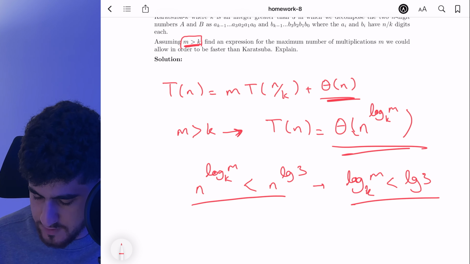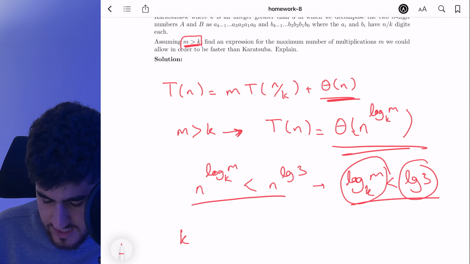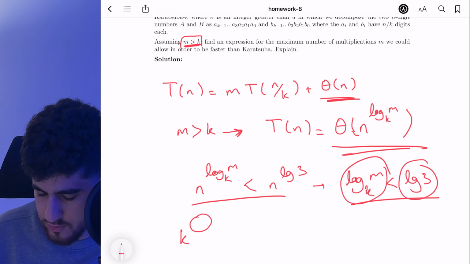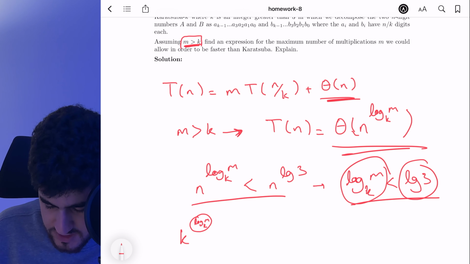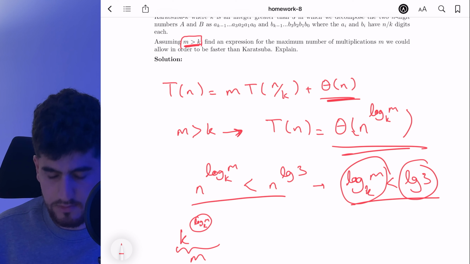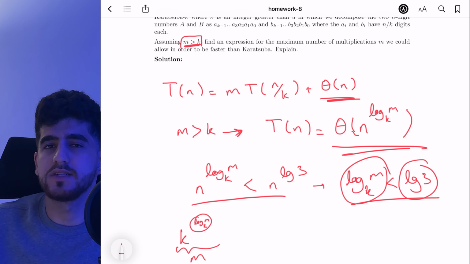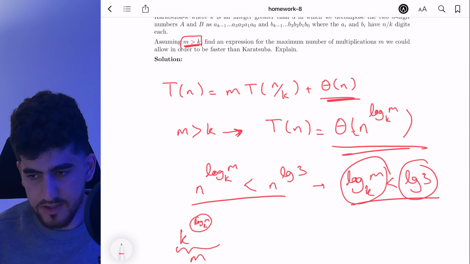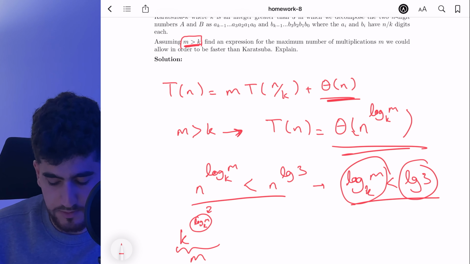If we only consider these two numbers, on both sides we can take k to the power of them. Here we have k to the power of log of m in base k, which definitely gives us m based on the definition of logarithm. Otherwise this wasn't log of m in base k.